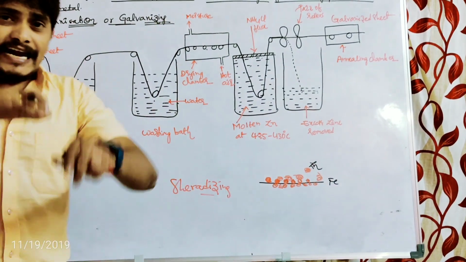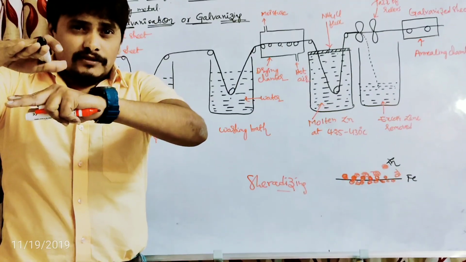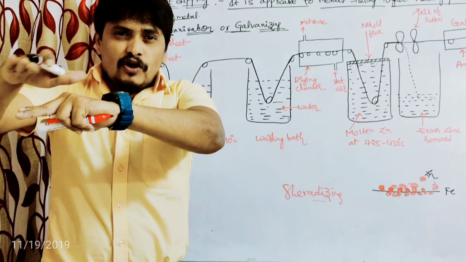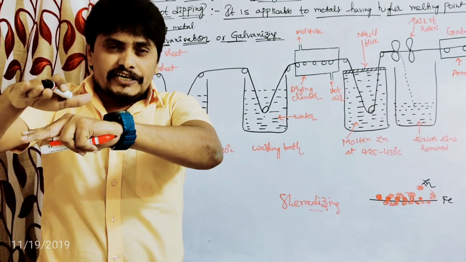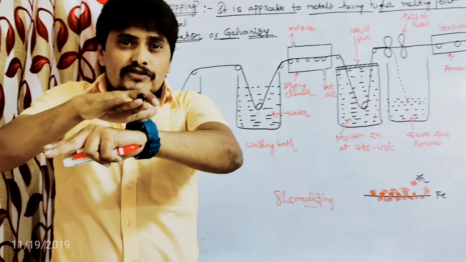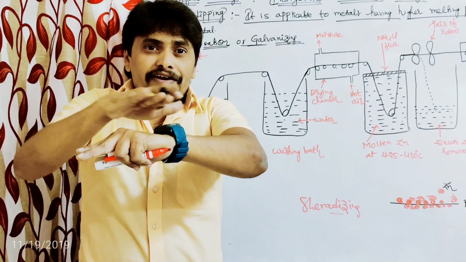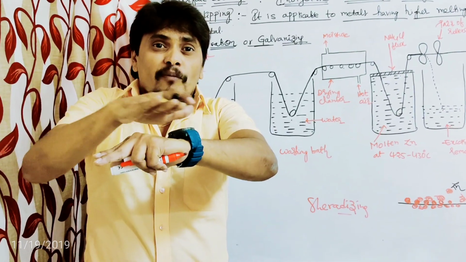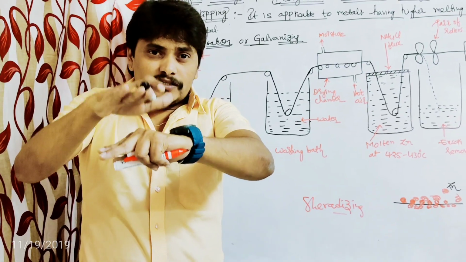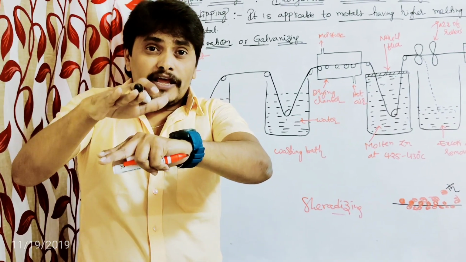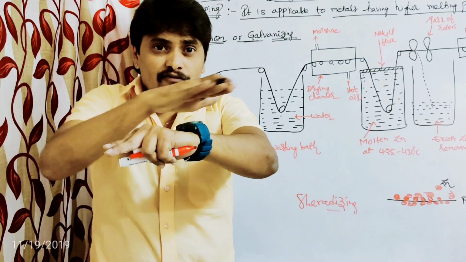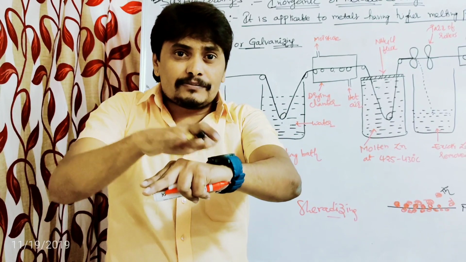But there is no guarantee that the coating metal, zinc, which has accumulated on the surface of the iron or steel sheet, is forming a uniform layer. So a non-uniform layer of the coating metal, zinc, will be formed on the surface of the base metal.